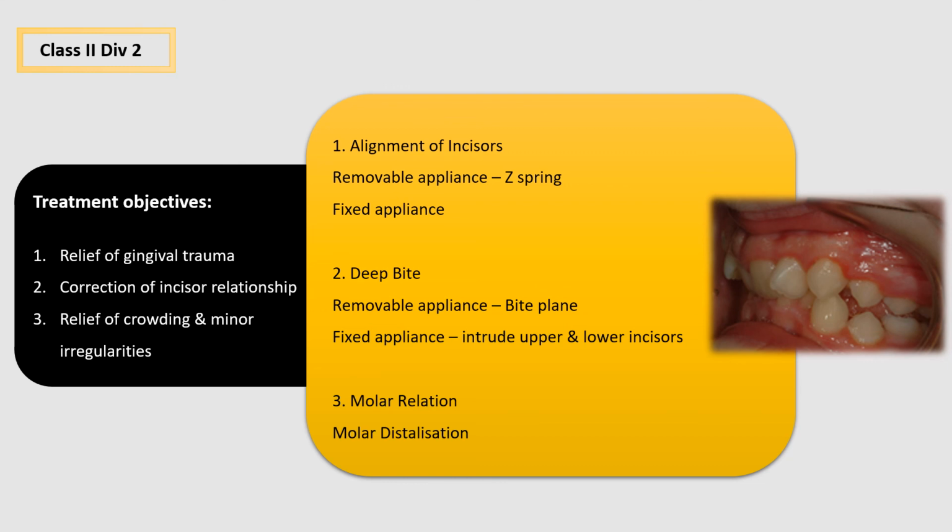Also, any existing habits you might come across have to be intercepted, and the final objective or the treatment goal should be to cause cessation of these habits and thereby prevent deleterious effects from setting in. So these will form the treatment objectives and treatment goals when you're treating a class 2 division 2 individual.